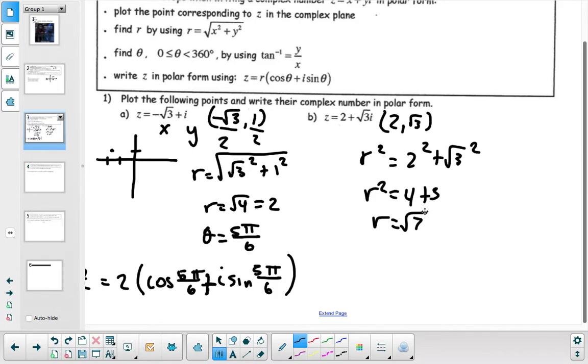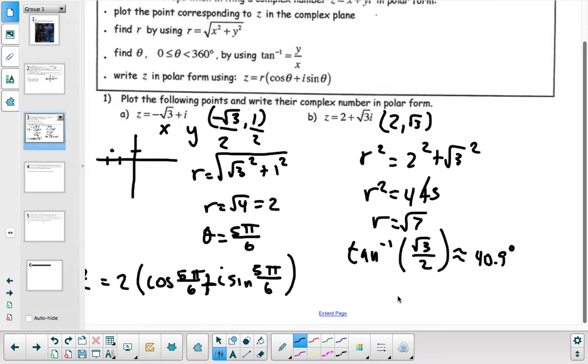And then we're going to take the inverse tan of, air quotes, y over x. So inverse tan of root 3 over 2. This is not one of our nice numbers that we're used to seeing. So when you type that in your calculator, you should get that it's about 40.9 degrees. My calculator was in degrees mode when I did this. You could do this using radians.